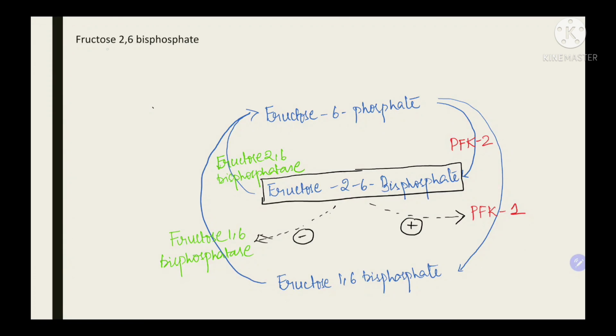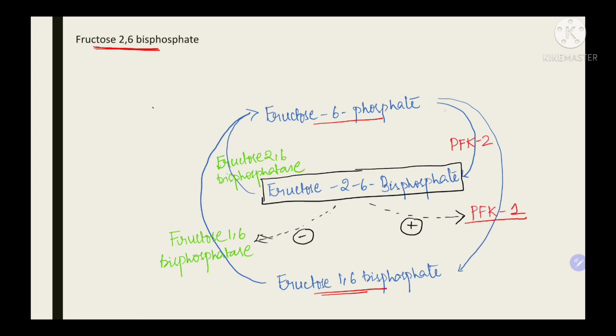Another way of regulating gluconeogenesis is by fructose 2,6-bisphosphate. This is an important method of regulating. In glycolysis, fructose 6-phosphate is converted into fructose 1,6-bisphosphate, catalyzed by the enzyme phosphofructokinase 1.